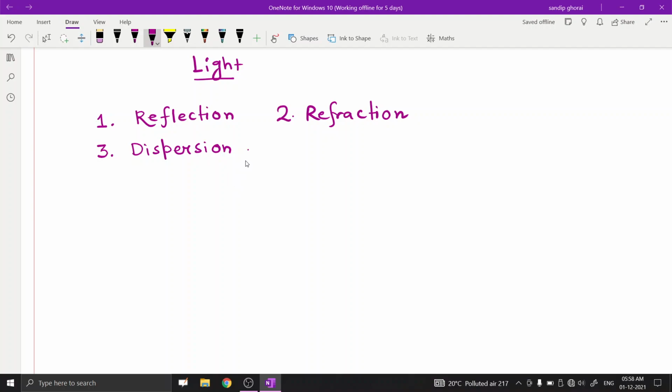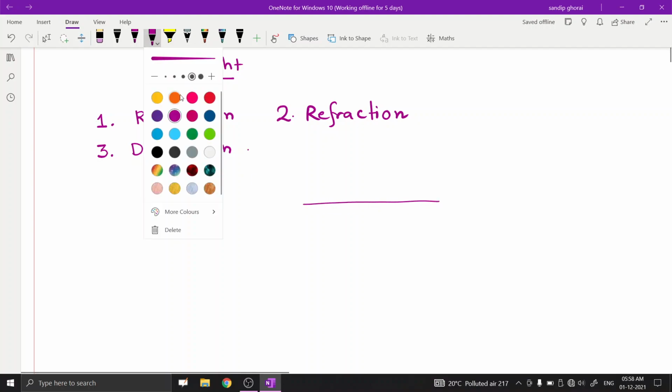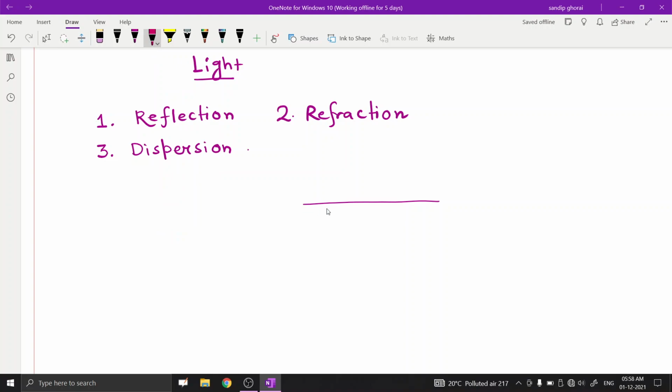In general, suppose we take a surface like this, your polished surface, and light is incident on it. Then after striking the surface, light gets reflected.